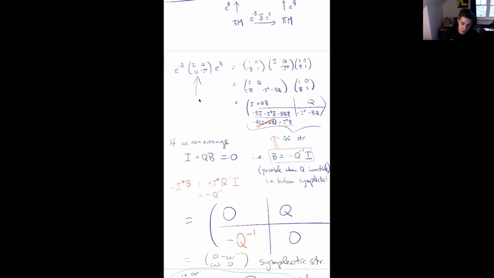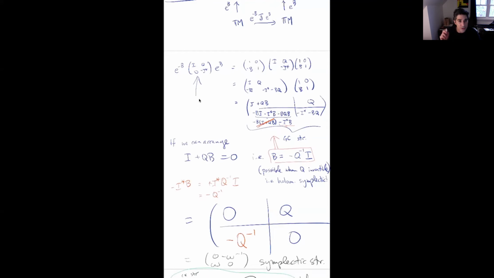And the remarkable thing is that if you choose the B field appropriately, you can kill the diagonal parts of the matrix and get one of these off-diagonal terms, which means that it would be a symplectic structure. In order to do this, we needed the B field to satisfy this equation. In other words, we needed Q to be invertible, and as long as that's true, we can do this.